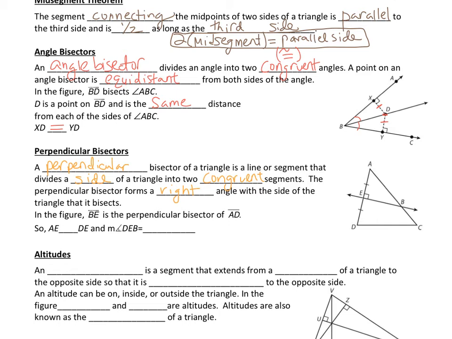So we can see that point E is where it bisects our side AD, and so it cuts it in half, plus it is 90 degrees. So in our figure, BE is our perpendicular bisector of segment AD, so AE is going to be congruent to DE, and our angle DEB, where we connect our three letters together, is going to equal 90 degrees.